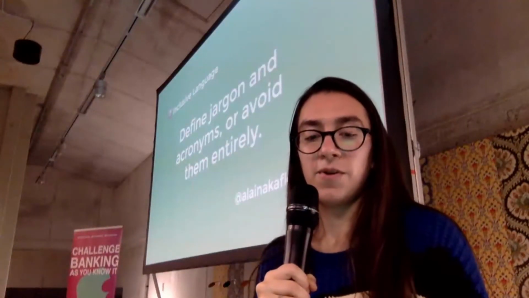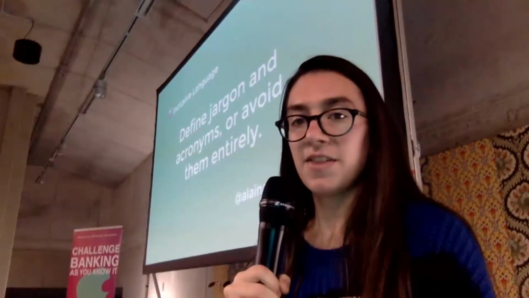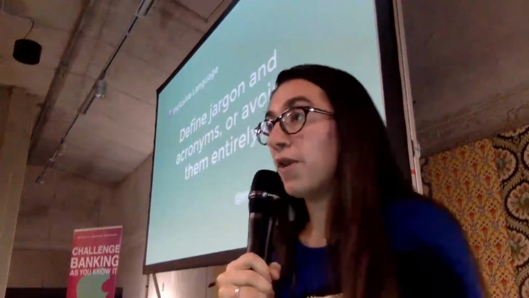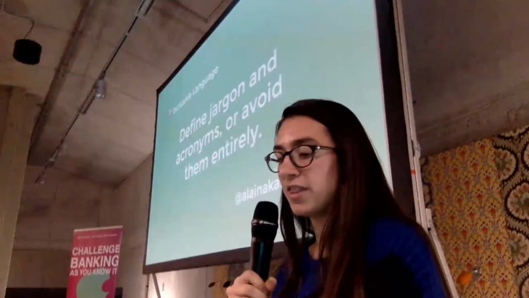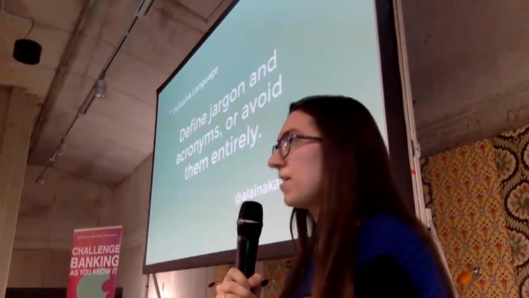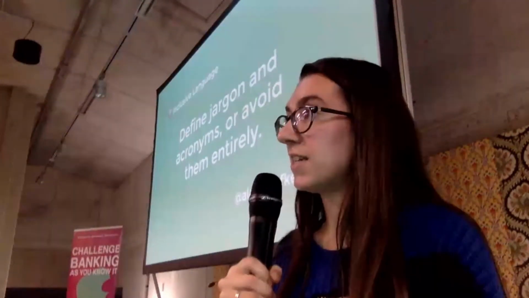So for jargon and acronyms, the thing to do is to either define them using Wikipedia or your own definitions, or avoid them entirely. If you avoid them entirely, an advantage of this might be the fact that if you try to define something on your own, you might misrepresent it.